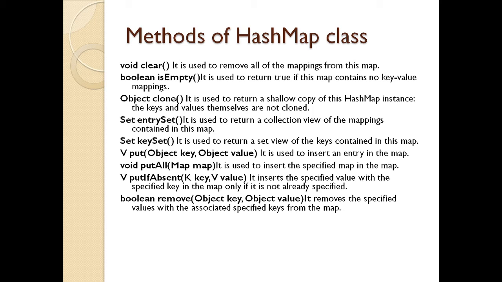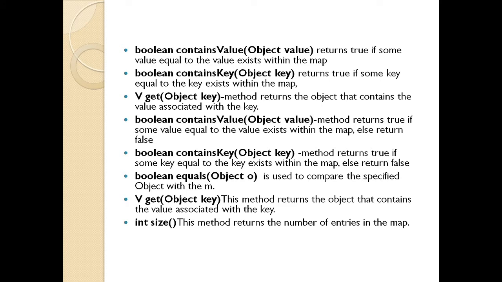Continuing with the methods, next is boolean containsValue. I pass the object value as the parameter. It returns true if some value equal to the value exists within the map. Boolean containsKey: when I pass the object key as the parameter, it returns true if some key equal to the key exists within the map. The get(Object key) method returns the object that contains the value associated with the key.